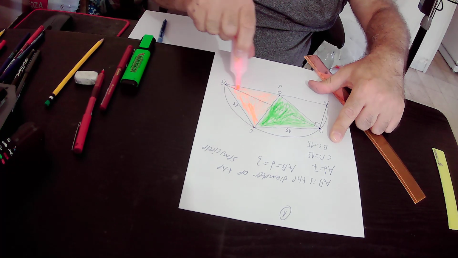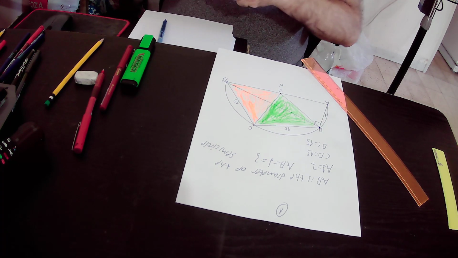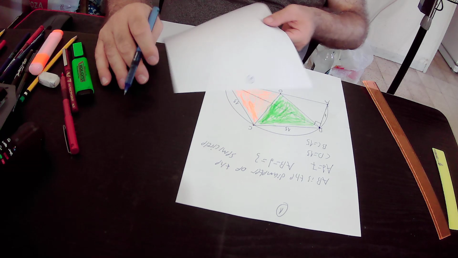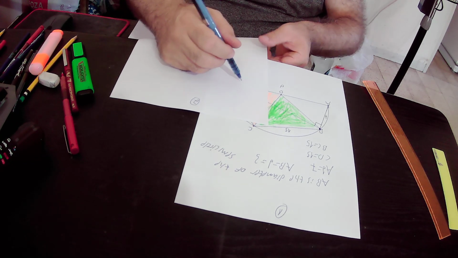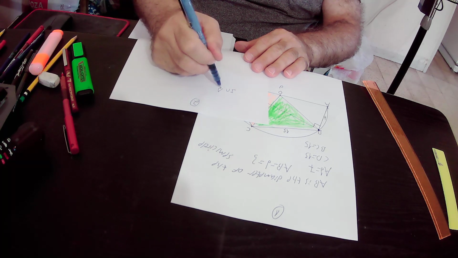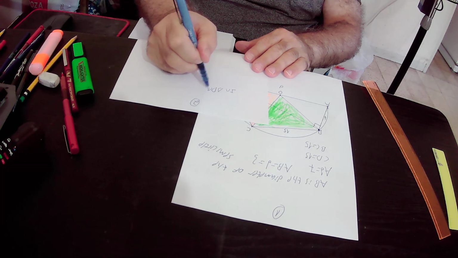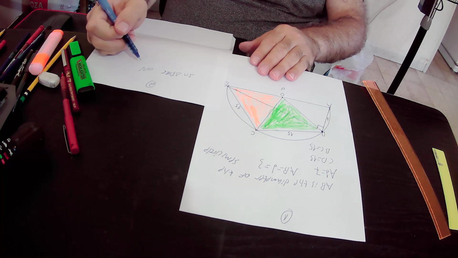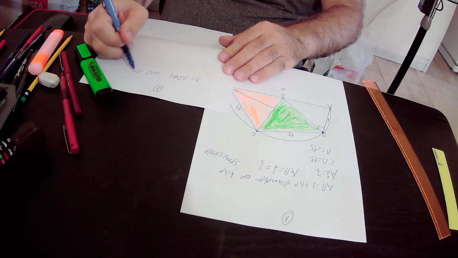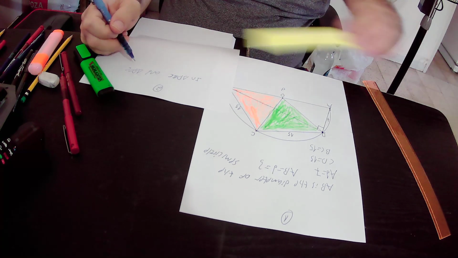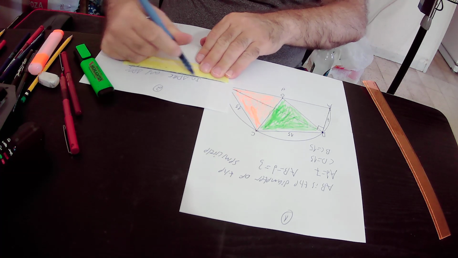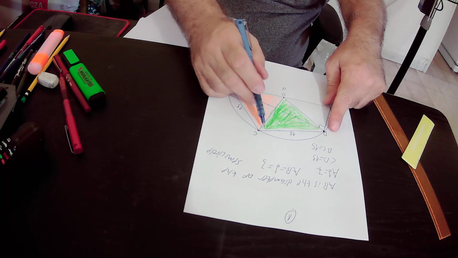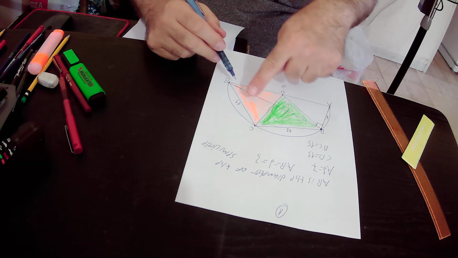Okay, so in triangle DOC and triangle BOC, we know that DC equals BC equals 15 units.